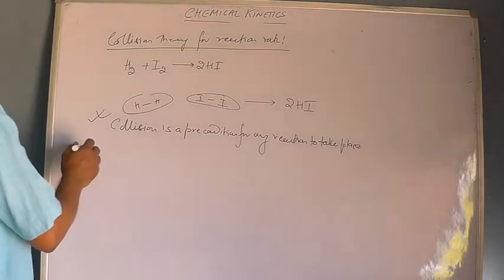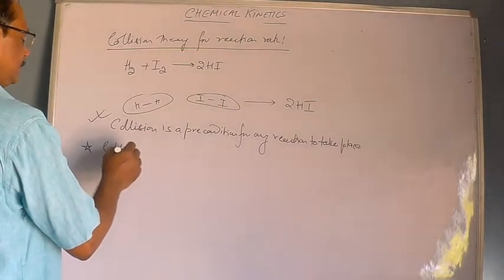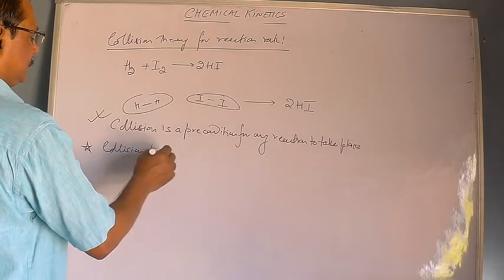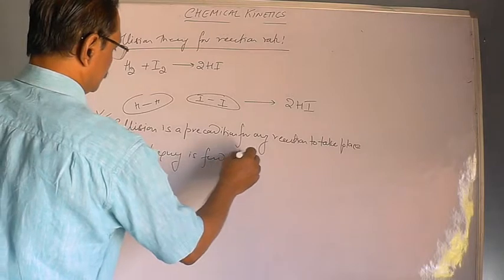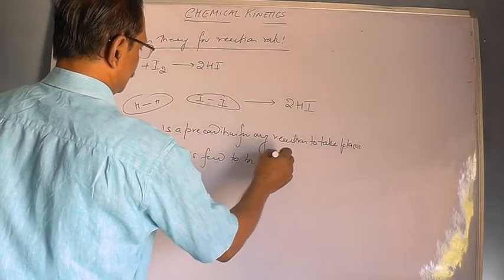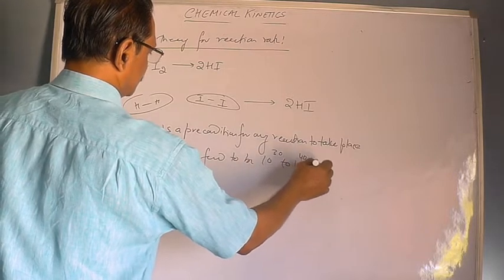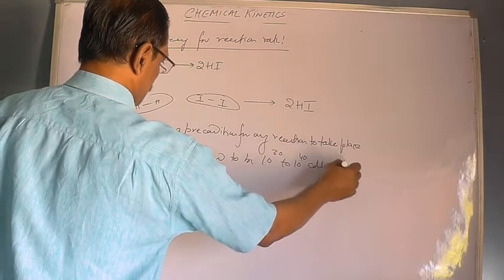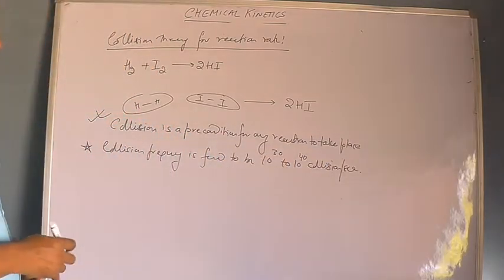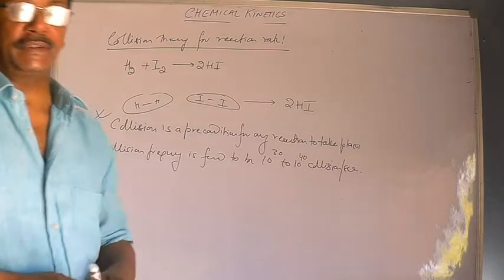But class, the collision frequency is found to be 10 to the power 30 to 10 to the power 40 collisions per second. When we measured the collision rate, it was found to be 10 to the power 30 to 10 to the power 40 collisions per second.